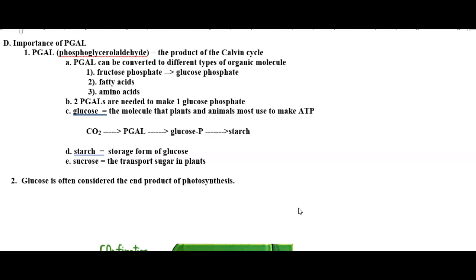So we finished photosynthesis with the C3 cycle. We have converted solar energy into chemical energy, or chemical bond energy. And we've done that through oxidation and reduction. So water was oxidized, carbon dioxide was reduced.